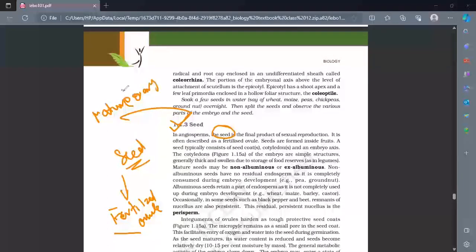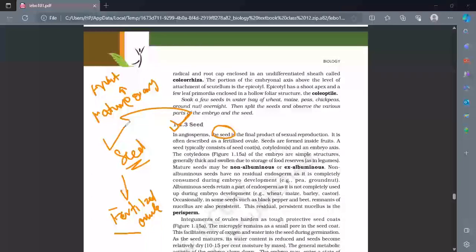The ovary becomes a fruit. What is a mature ovary? It's nothing but a fruit. What is a fertilized ovule? It is a seed. Now, I think this is clear. Make sure that you're not mixing up your words. You should know exactly where the seed has originated from: it has come from the ovule. The fruit has come from the ovary. So a mature ovary is a fruit, and a fertilized ovule is a seed. It is okay.